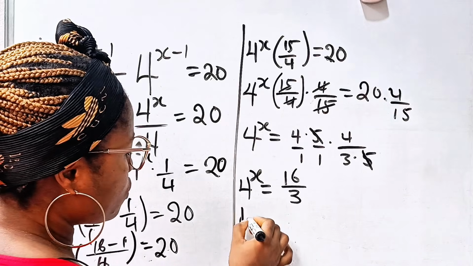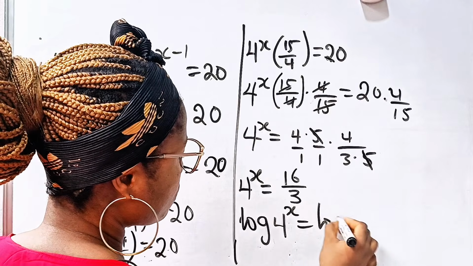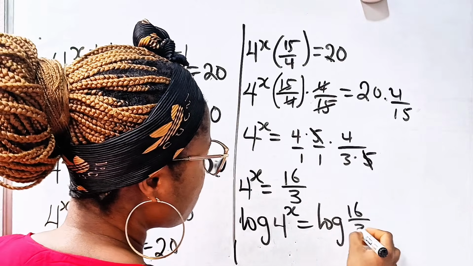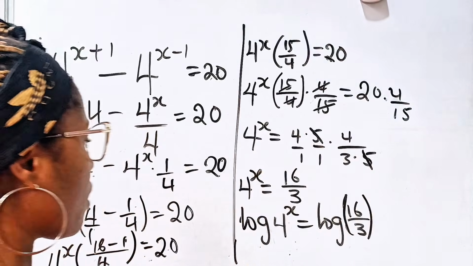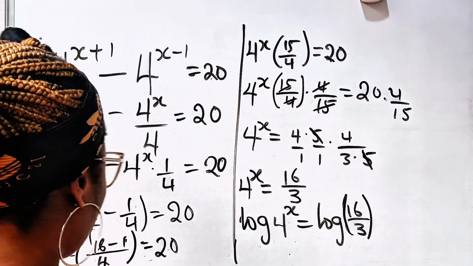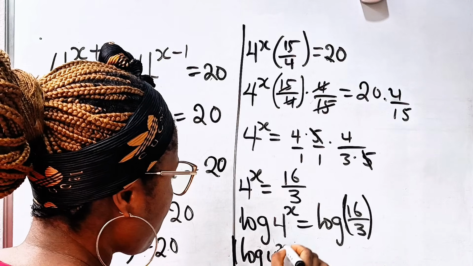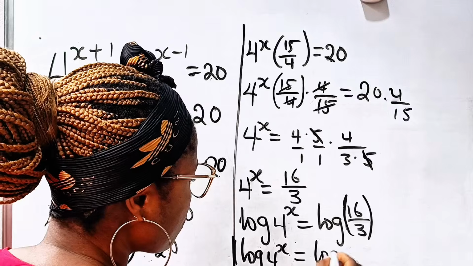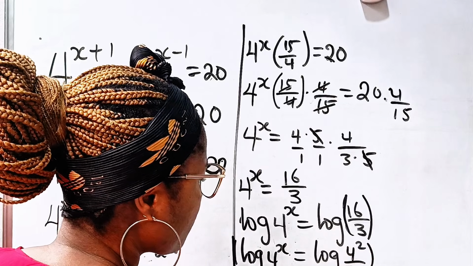So we introduce log 4 to the power of x is equal to log 16 over 3. All right. Now, moving forward, we have log 4 to the power of x is equal to log 16, which is the same thing as 4 squared, divided by 3.